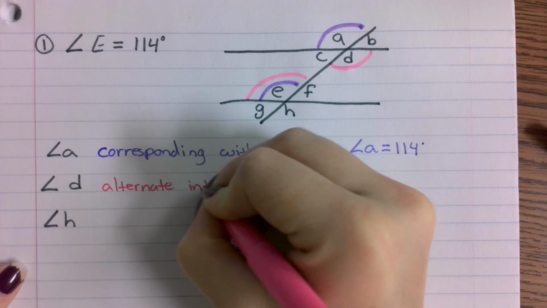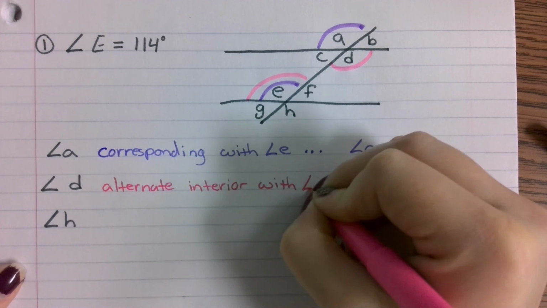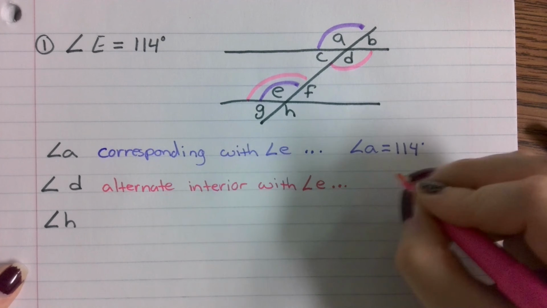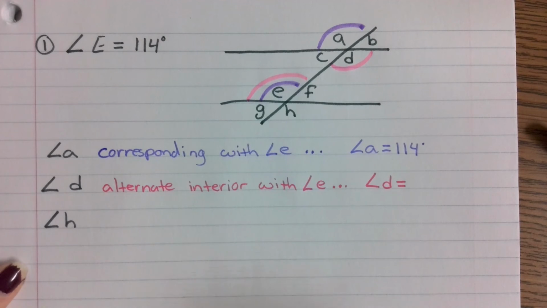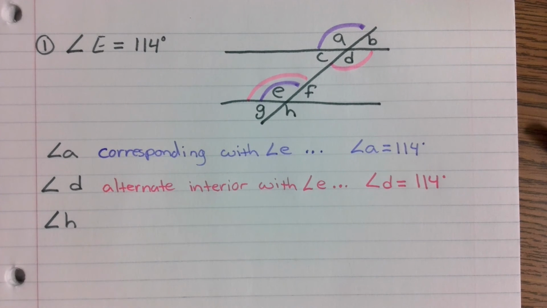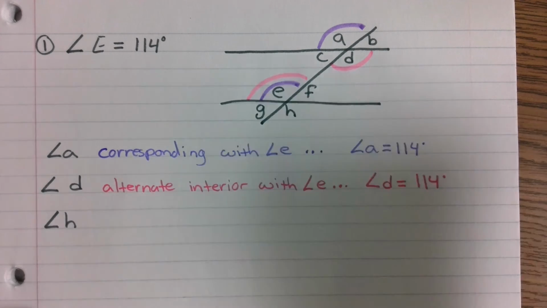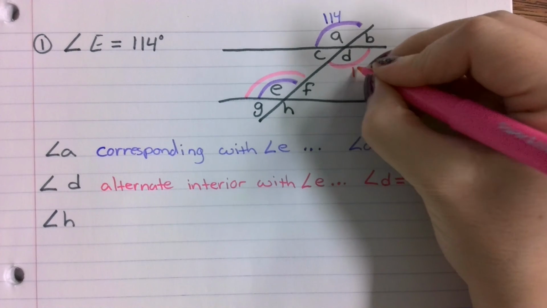And again, alternate interior angles are also equal, so that means angle D also equals 114. Okay, so we know angle A is 114. We know angle D is 114.